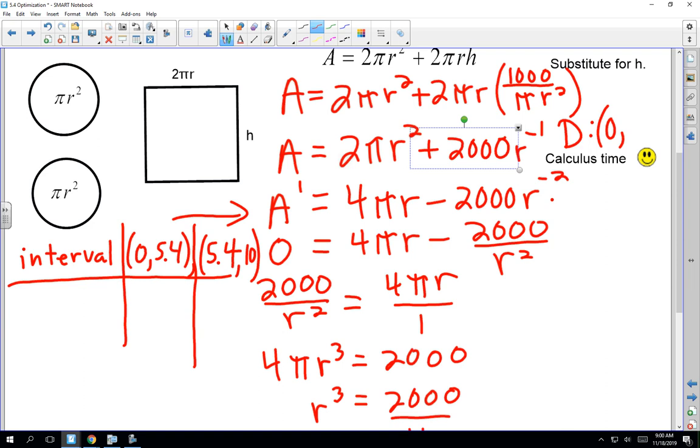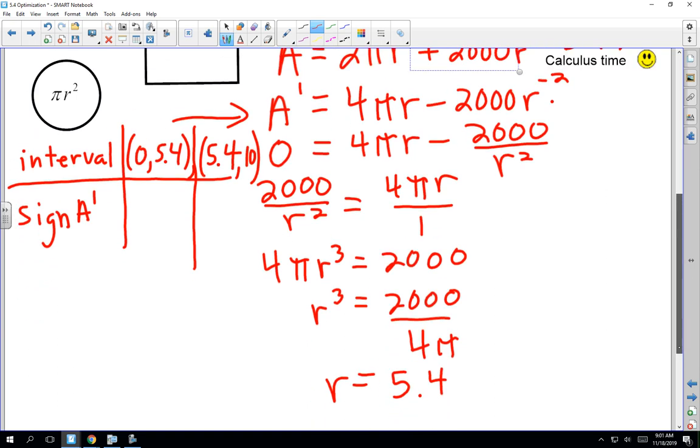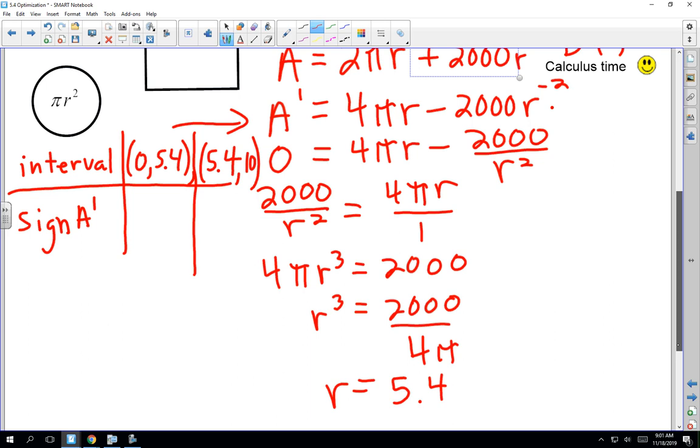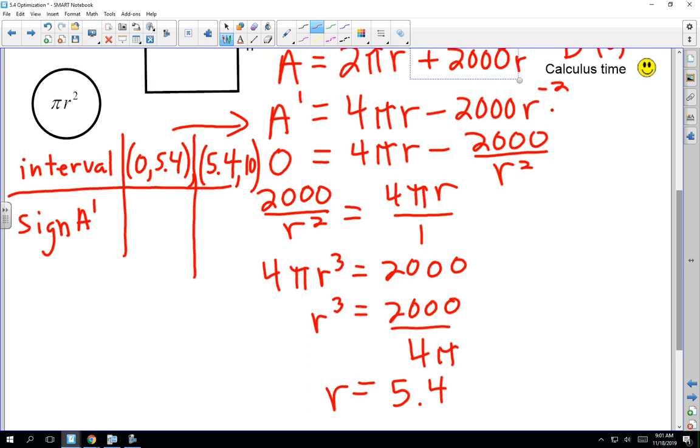Those are our two different intervals, and we're going to check the sign of A prime, just to prove what we're seeing on the graph, that R equals 5.4 is in fact a minimum. If I plug a value into the first derivative like 5, I get a negative value. And if I plug in something like 6, I get positive.